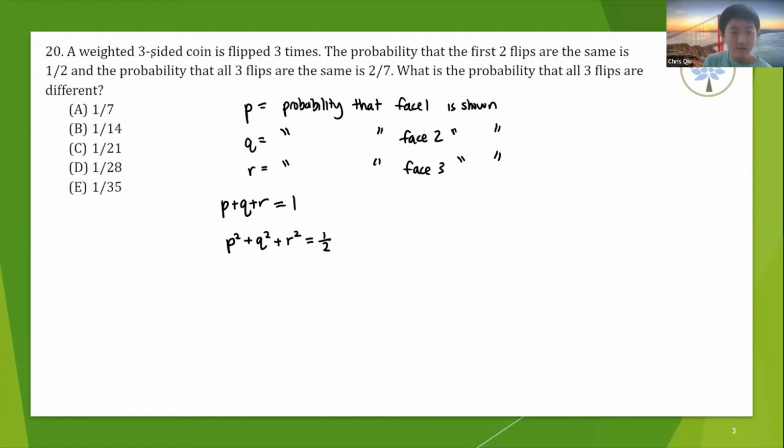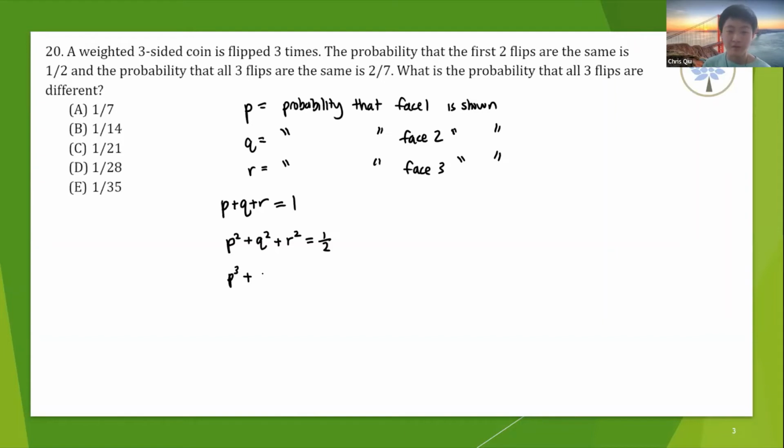And lastly, we're told that the probability that all 3 flips are the same is 2/7. And we can do this same thing as we did in the previous equation. So the probability that all 3 flips show face 1 is going to be P times P times P, which gives P cubed.